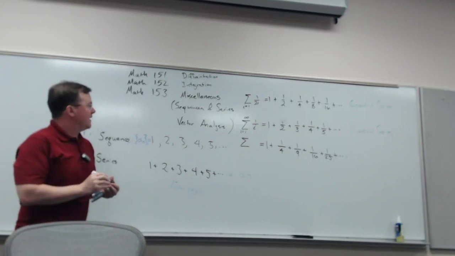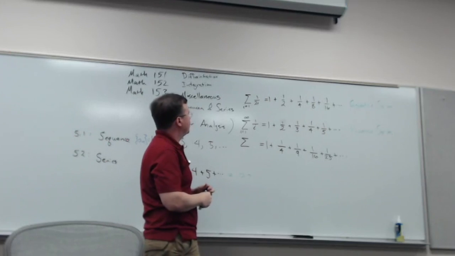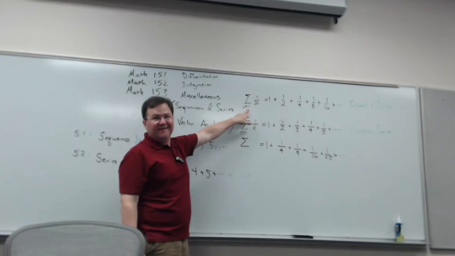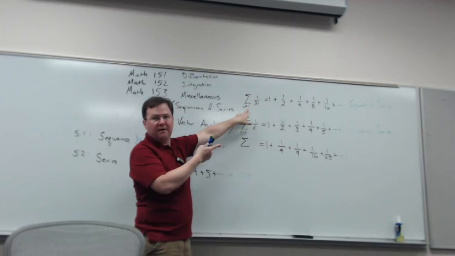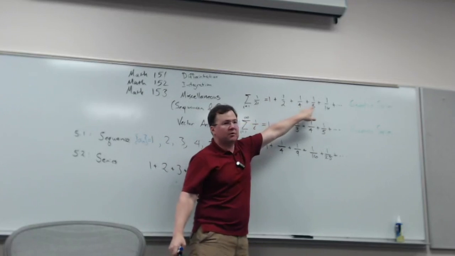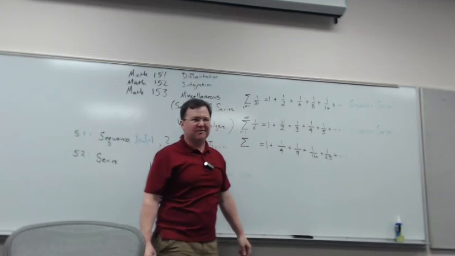Notice that if i equals 1, then that means we're starting at 1/2. When i equals 2, we'd get 1/4. And when i equals 3, we get 1/6. And we need to jump past 1/4 to 1/8. You know what I mean?